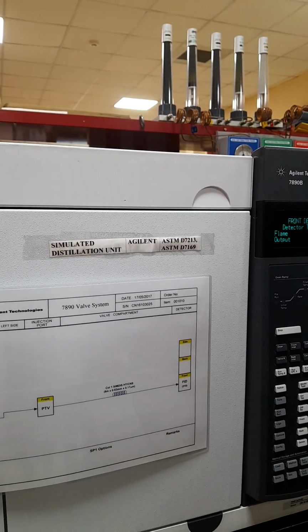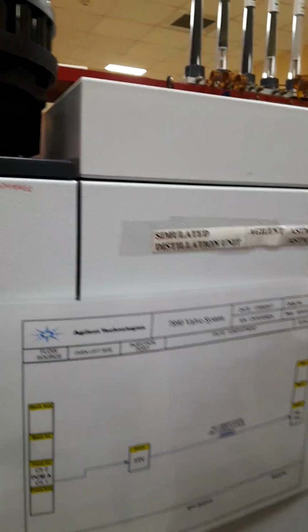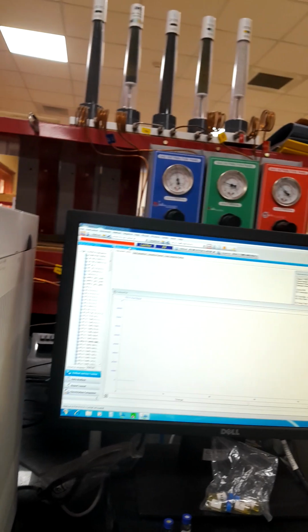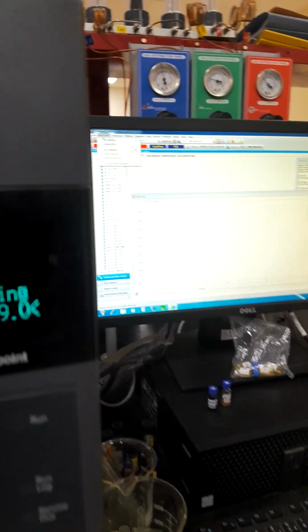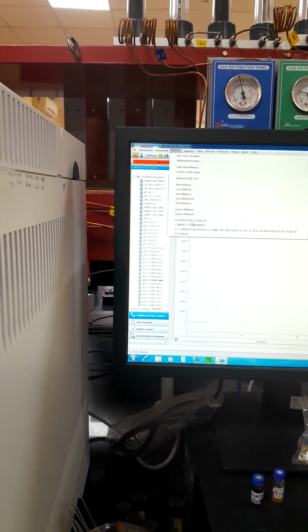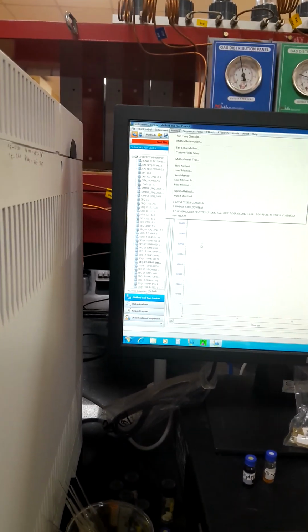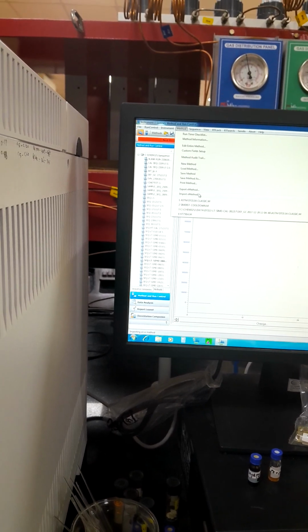These are the three parameters I have already mentioned. From the software point of view, if you want, I can elaborate on the software also. Here we have file, run control, instrument, method. In this method, we have this method pre-built. If you have to change something in this method, you have to go into the manager and modify these parameters.